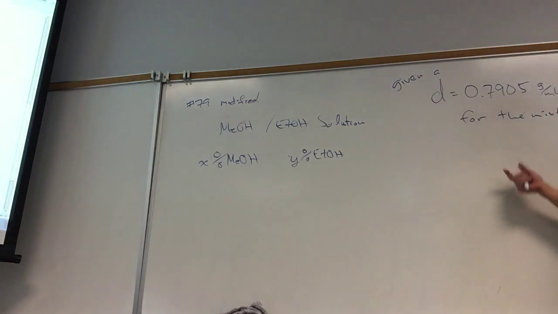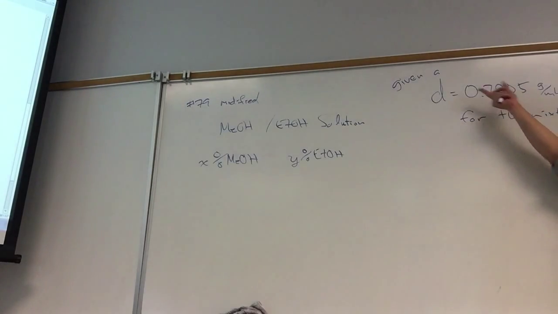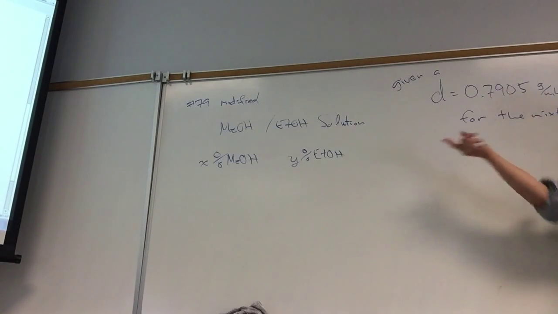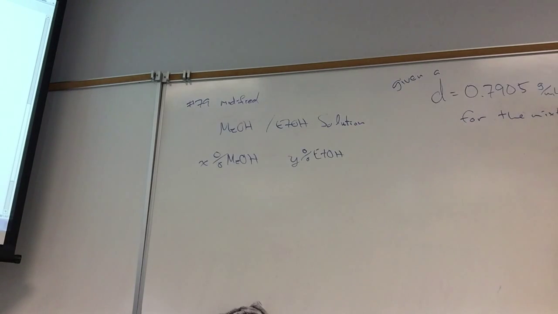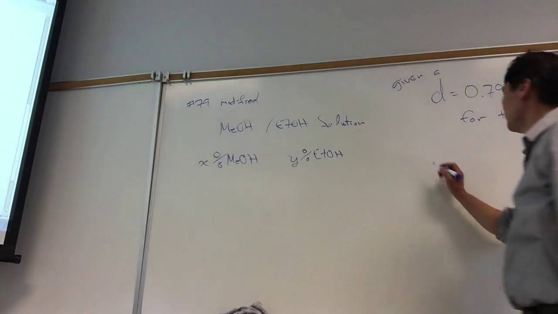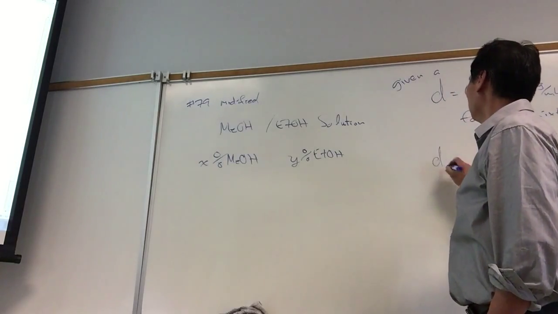The first question is, can we tell just based on the density of this mixture how much methanol and how much ethanol we have? Yes or no? Actually, yes. How can we tell, based on the density, how much ethanol and how much methanol we have? Well, we look here.